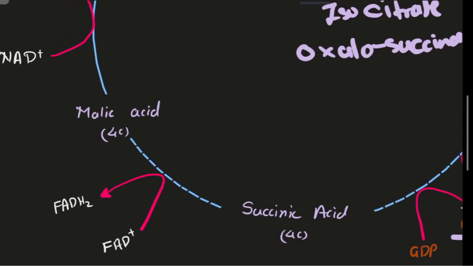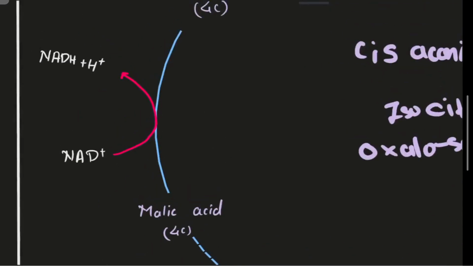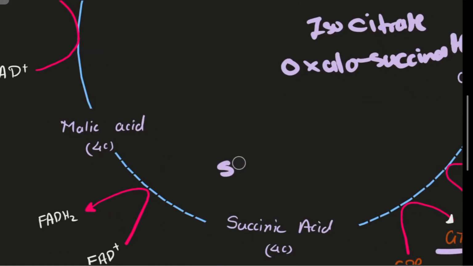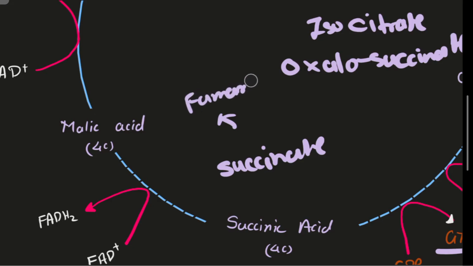Then this succinic acid goes to form succinate and then fumarate, then malic acid, which is malate.